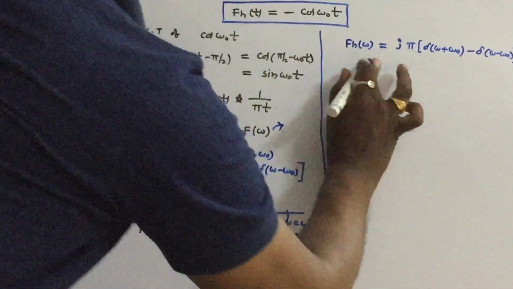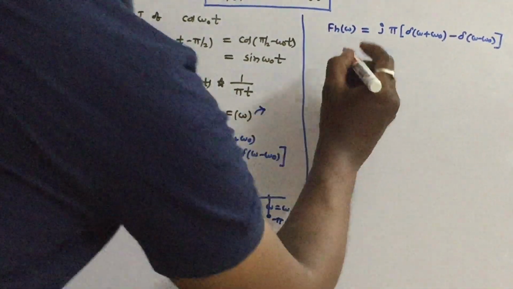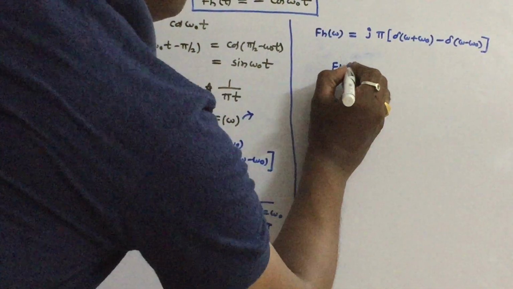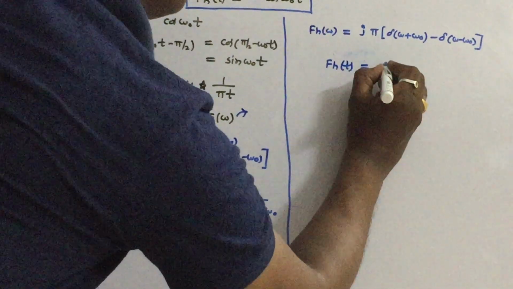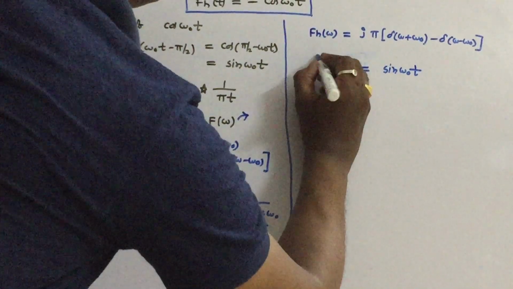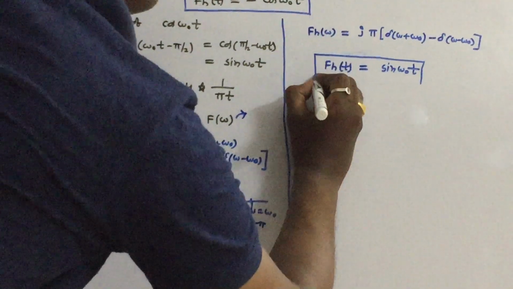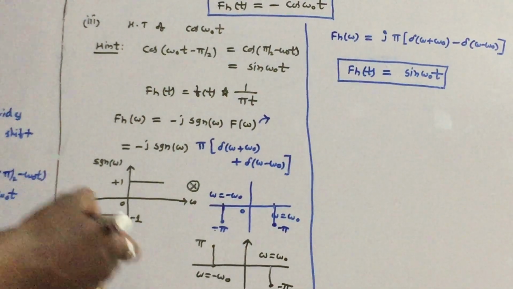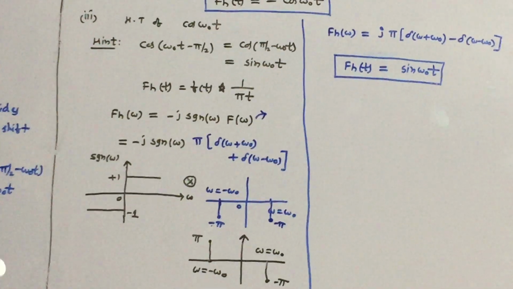This is represented as pi j into delta of omega plus omega naught minus delta of omega minus omega naught. Taking the inverse Fourier transform, we get f_h of t equal to sin omega 0 t. So this is the Hilbert transform of cos omega 0 t: sin omega 0 t.